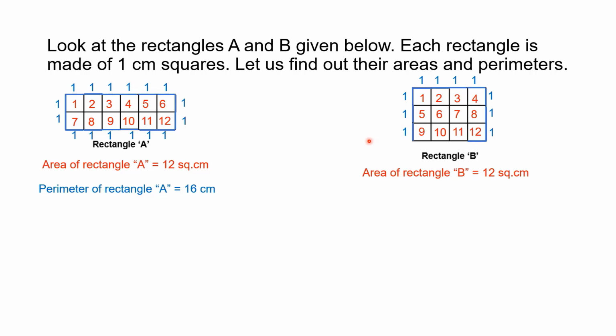So the perimeter of rectangle B is 14 centimeters.